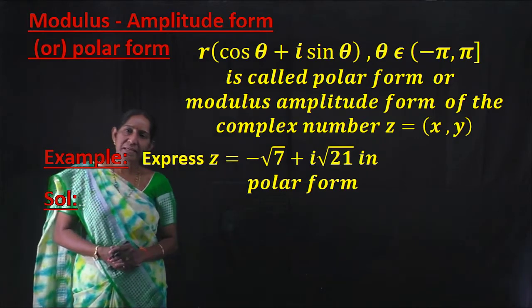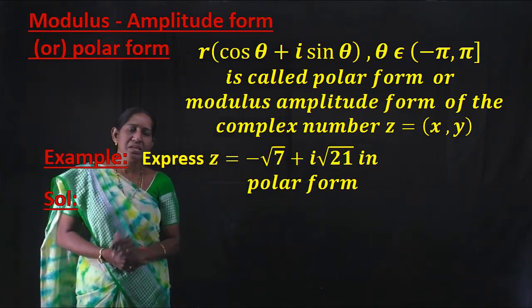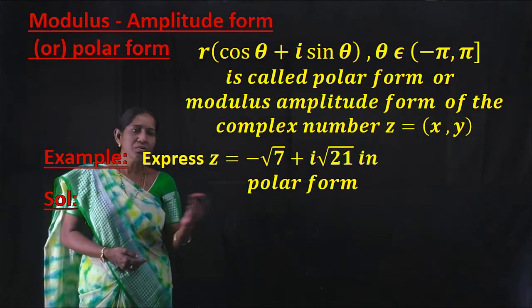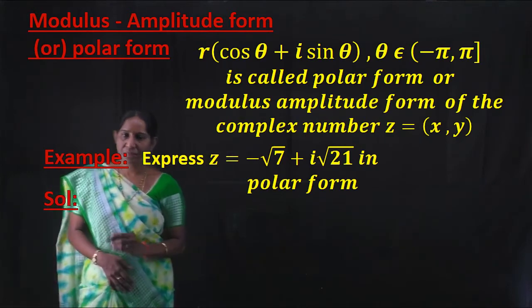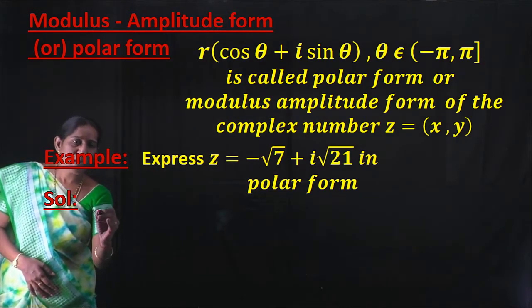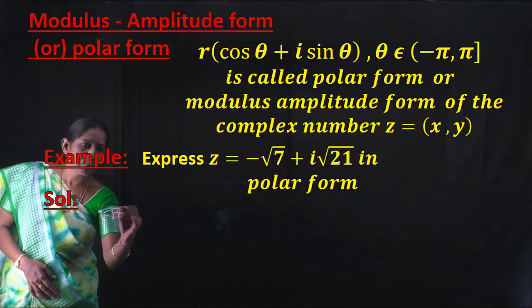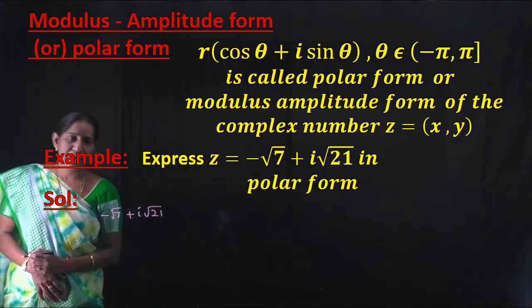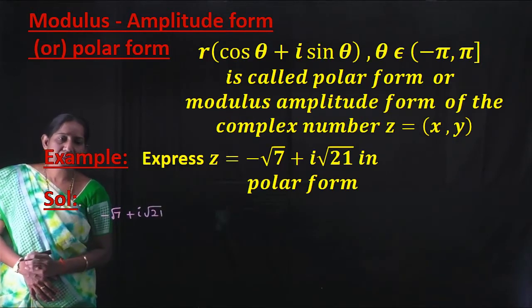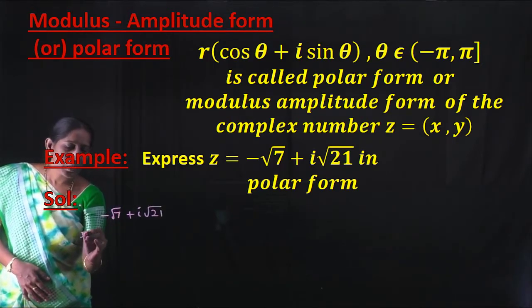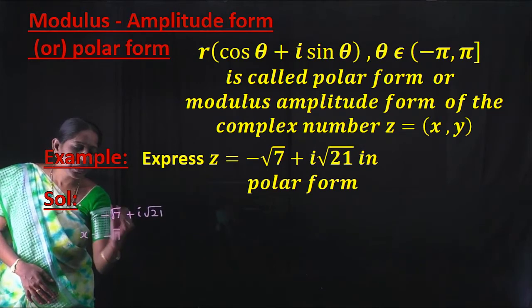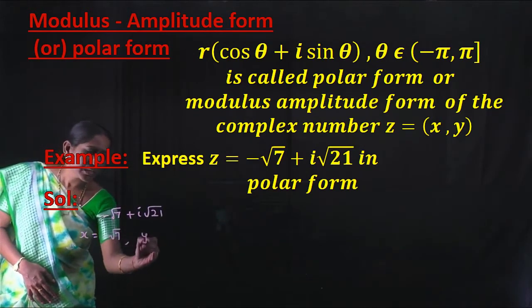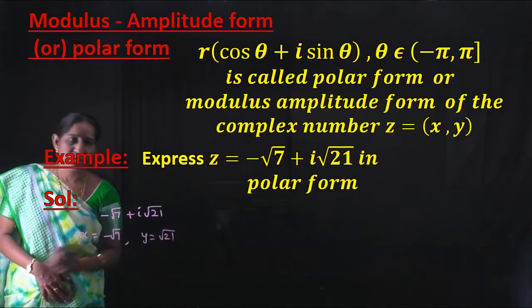Express z is equal to minus root 7 plus i into root 21 in polar form. Solution: given z is equal to minus root 7 plus i into root 21. Now take it as x plus iy. So here x is equal to minus root 7, y is equal to root 21.